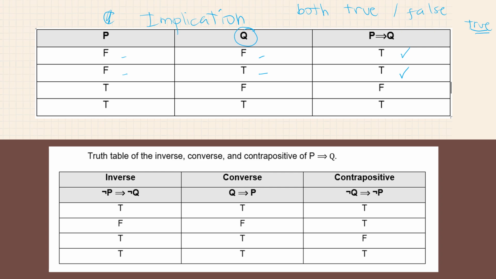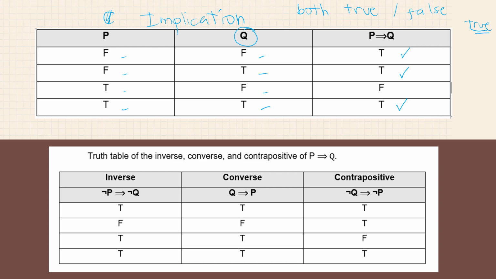Then if the first proposition is true and Q is false, the implication will be false. And if both are true, then if P then Q will be true.